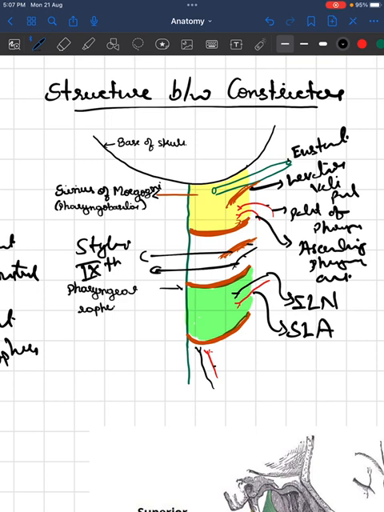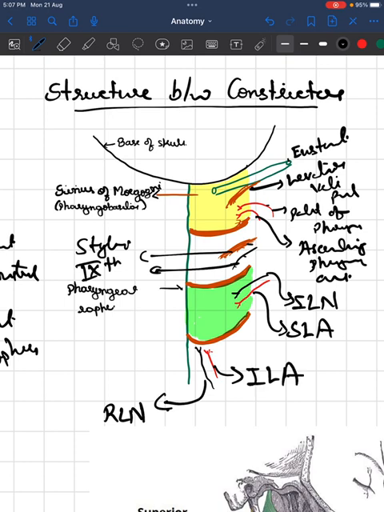And between the esophagus and inferior constrictor there is also a space. In this also we have two structures.